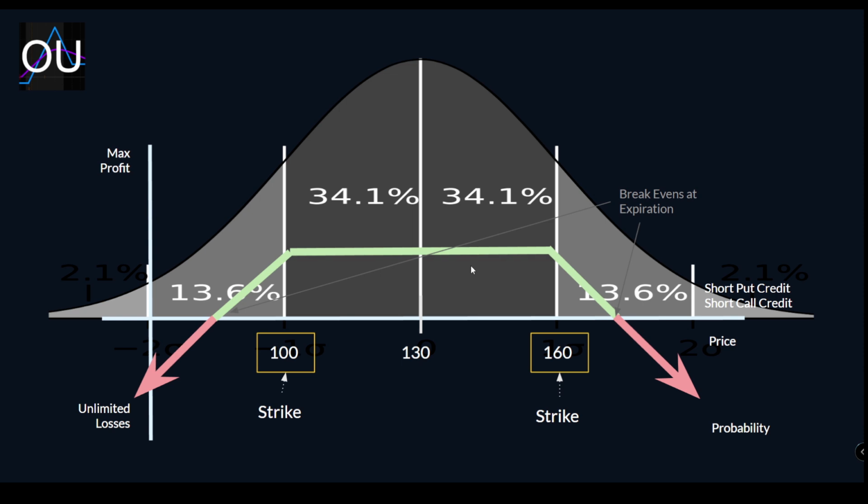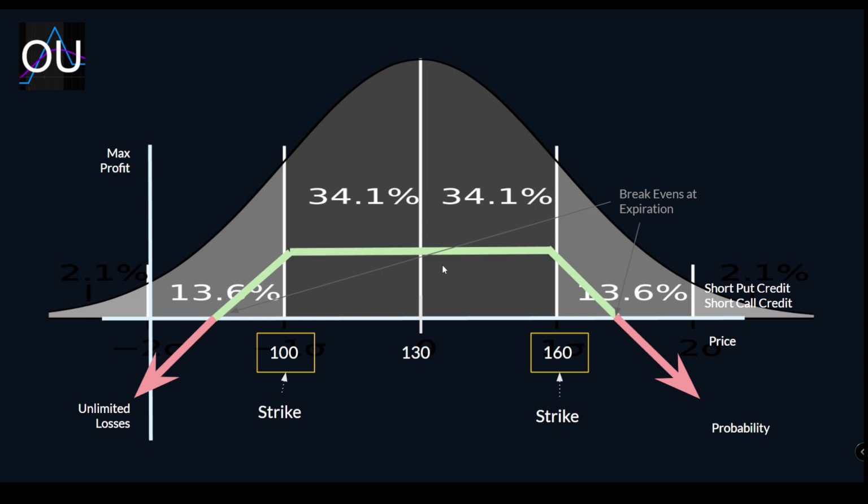While we talk about things that are 16 delta or 84% chance of being out of the money, remember that inside that one standard deviation captures 68% of the population, and stocks will tend to fall in this normal distribution, right? 68% of the time they'll be within that one standard deviation at expiration.